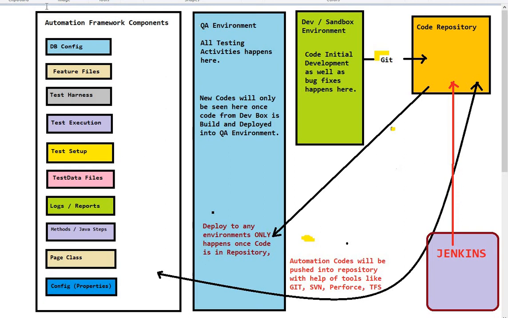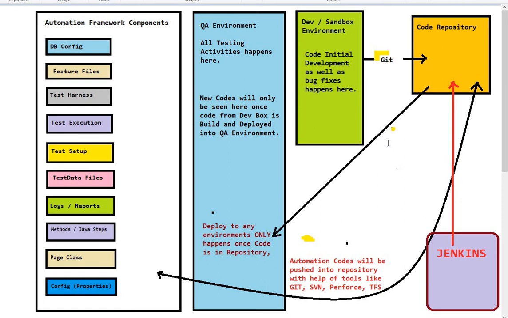Now let's move on to how the QA process works. First of all, whenever your requirement is defined and your sprint starts, or if you have a waterfall, the development phase starts.